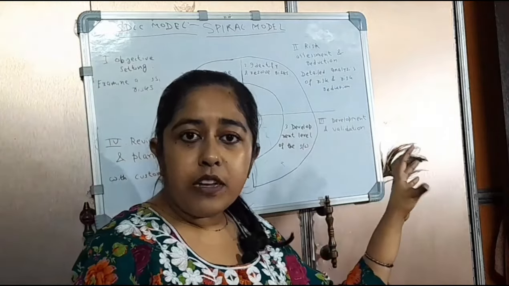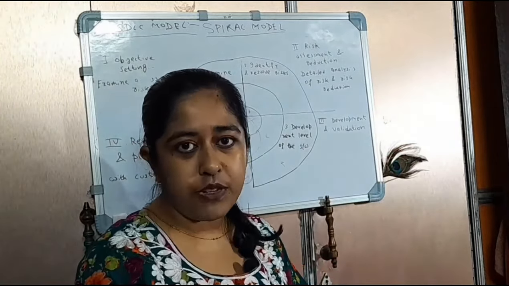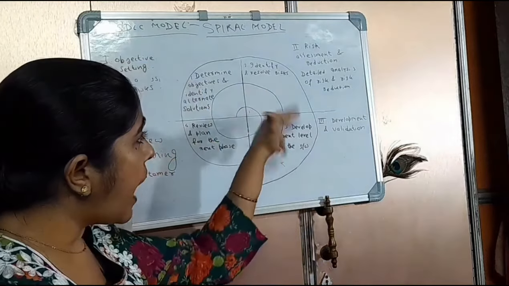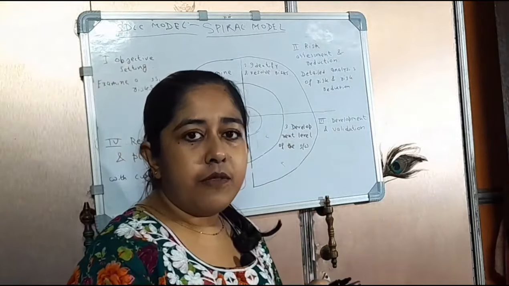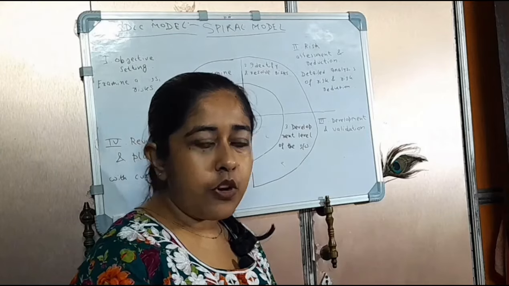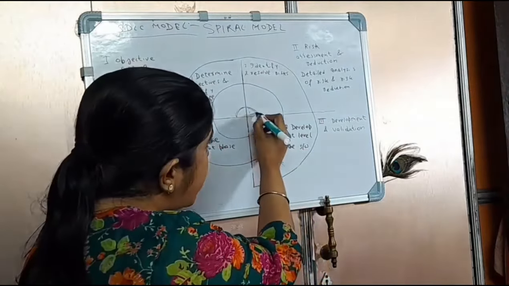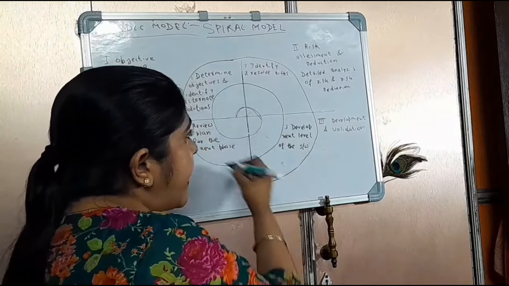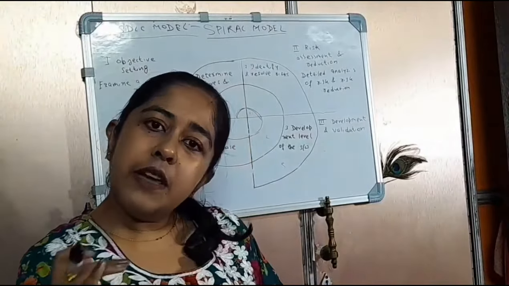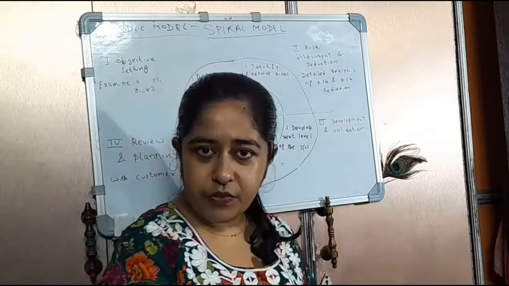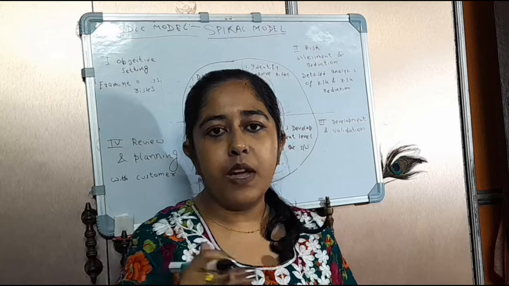There can be many loops. It depends upon how huge your project is and how long your software is. Now, what happens with these loops? We have studied in the previous model, our classical waterfall model, that there are some phases. In every loop, the first loop, second loop, third loop, we are going through these phases: requirement analysis, designing, coding, testing, every phase one by one.